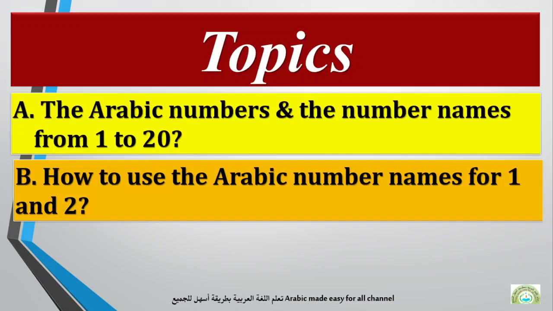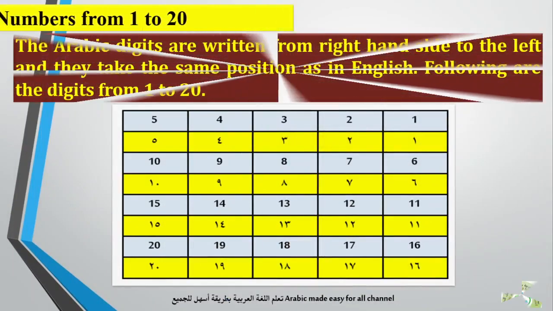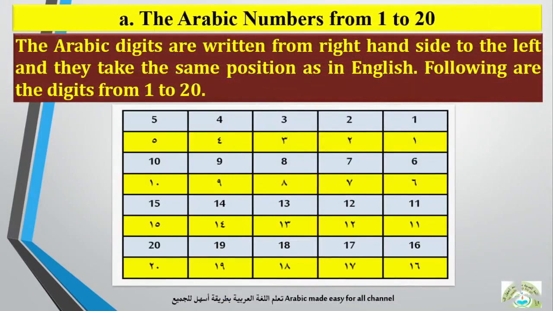First, friends, these are the numbers from 1 to 20. The Arabic digits are written from right hand side to the left, and they take the same position as in English. What I mean by taking the same position is, as you can see here, 12 in English, and in Arabic also the same, with 1 on the left and 2 on the right.